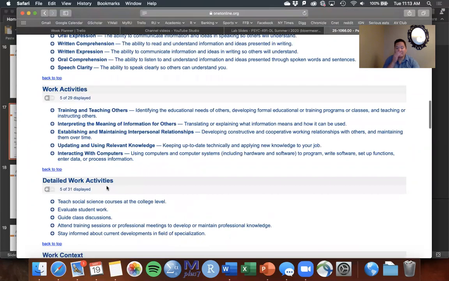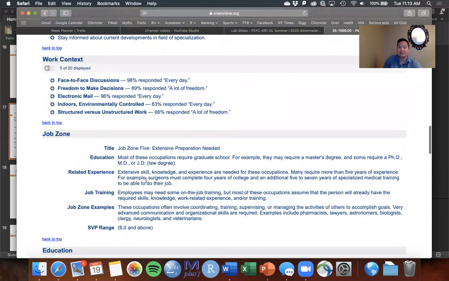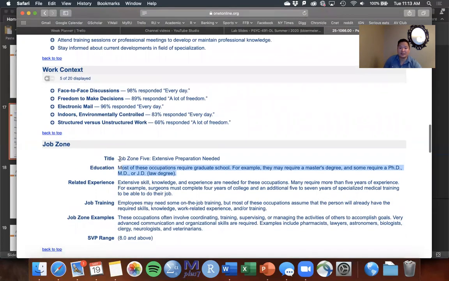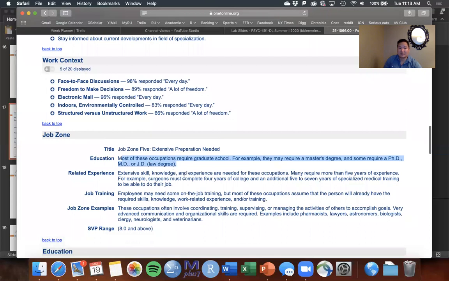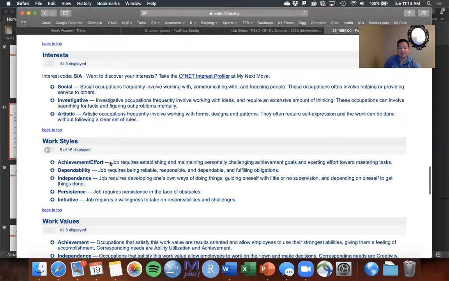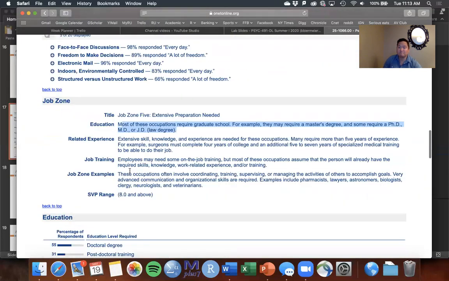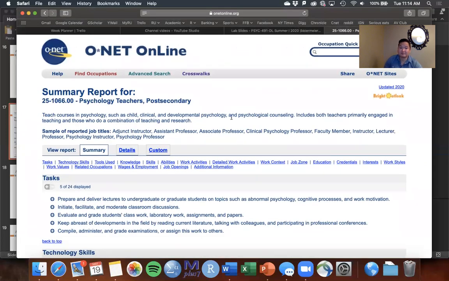And then they even go so far as to talk about work activities, detailed work activities, work context, the job zone. So this is job zone 5, extensive preparation needed, related experience, job training, education, credentials, work styles, work values, related occupations, wages and trends. It's very comprehensive.